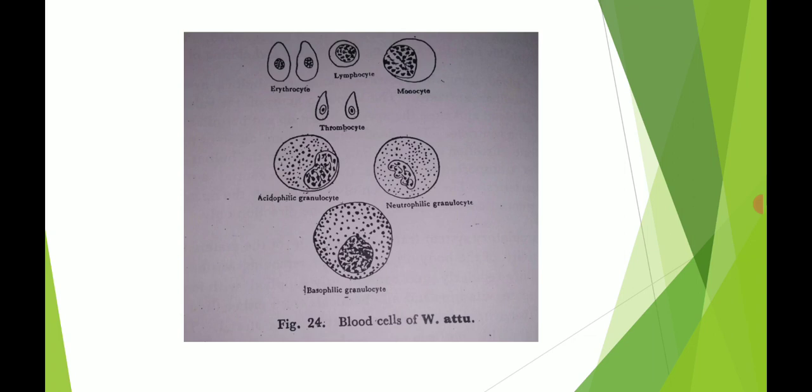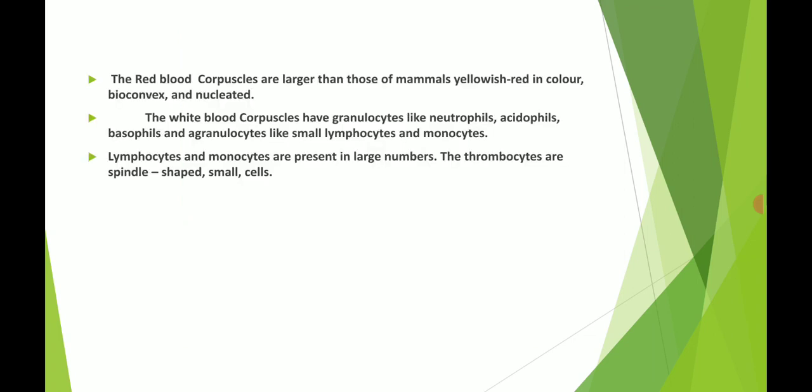Thrombocytes here, and acidophilic granulocytes, then neutrophilic granulocytes, then basophilic granulocytes. These are the blood cells of Wallago attu, that is the white blood corpuscles as well as the red blood corpuscles.